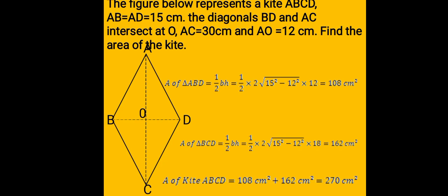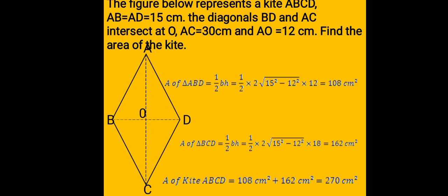So having 15 squared less the square of 12, we find OD. But remember, the base of that triangle ABD is BD. So having found OD, we have to multiply by 2 to get BD. That's why we are taking the base to be 2 into the square root of 15 squared minus 12 squared, multiplied by the height, which has been given as 12. We get 108 as the area.